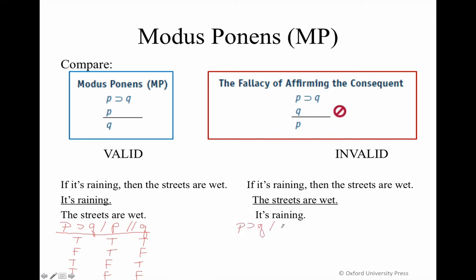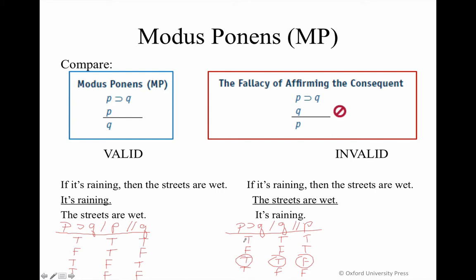On the other hand, when we take affirming the consequent, we end up with something else, which is at least one row, row 3, on which the conclusion is false while the premises are true.